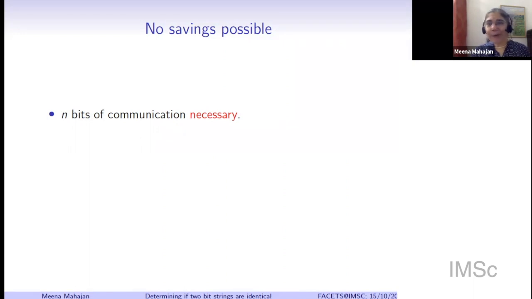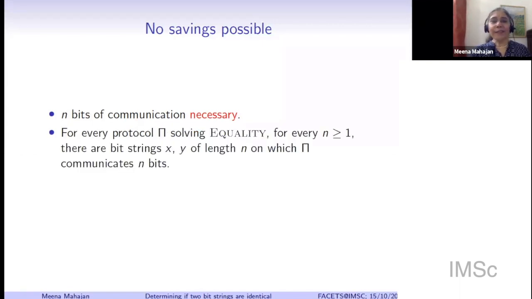So now, let me push this a little bit more. If we think that n bits are really necessary, are we in a position to prove this? How can we actually formally prove that n bits are really necessary? So what do we mean when we say n bits are necessary? I mean that for every protocol, and I'm going to use this capital pi as a letter to denote a protocol. Remember what I said, a protocol is just a set of rules which specifies who speaks what and when.